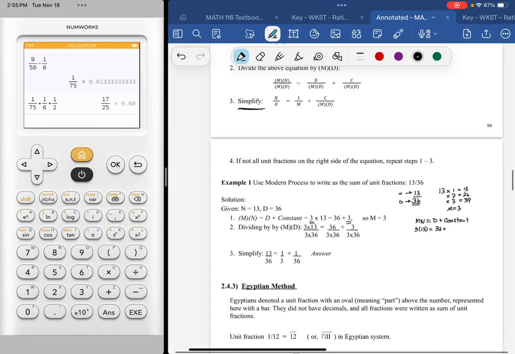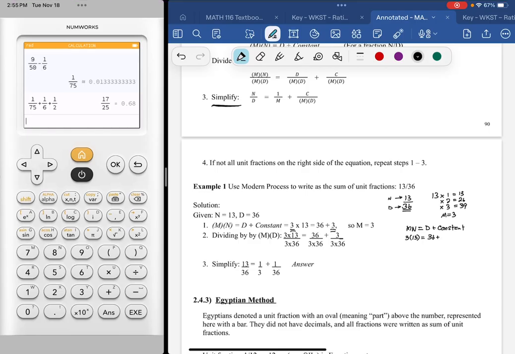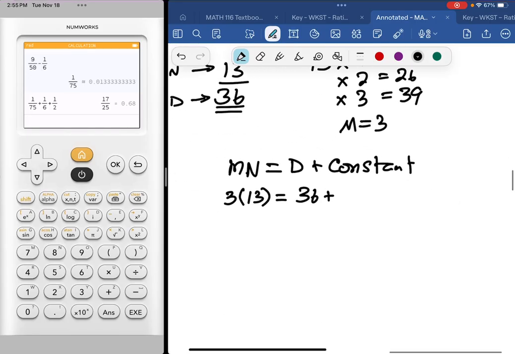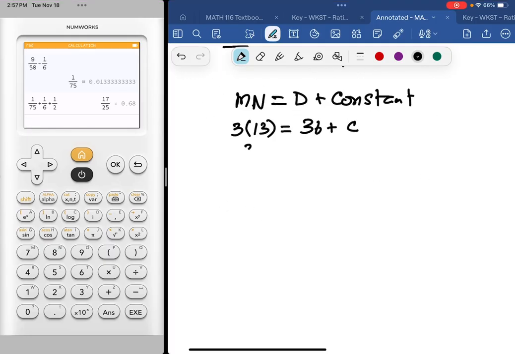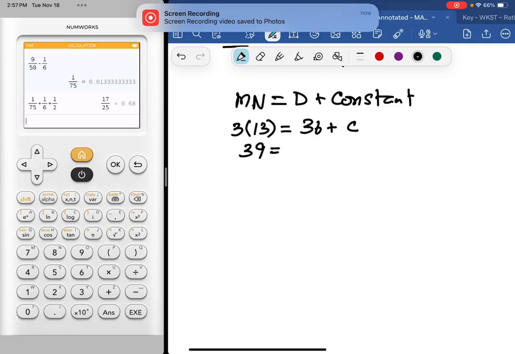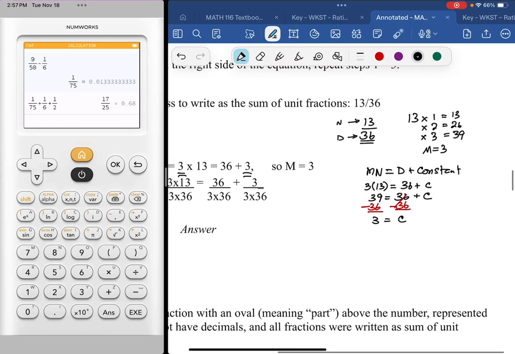Now, we're assuming that's going to be equal to 3 in this case, but not necessarily. So we'll leave that as a variable. I have 3 times 13, which is 39, is equal to 36 plus c. If I want to solve for c, I subtract off the 36. And I get 3 is equal to the constant c. And again, c is just standing for constant.